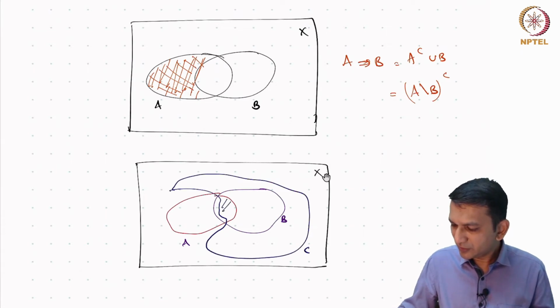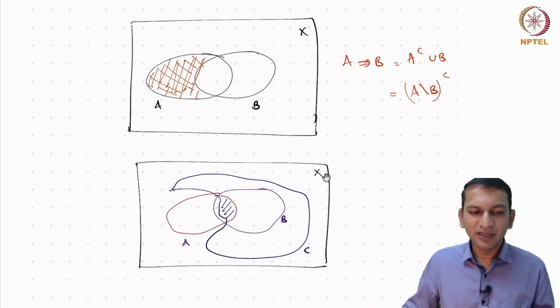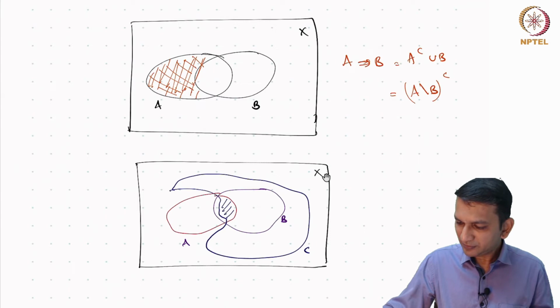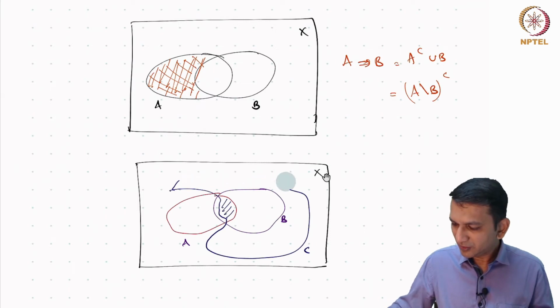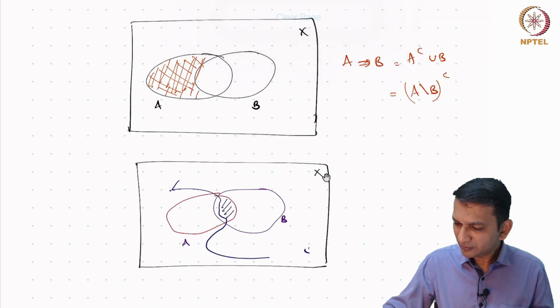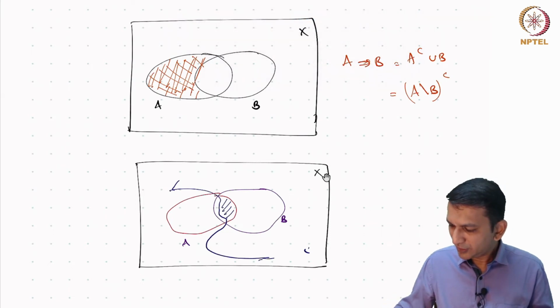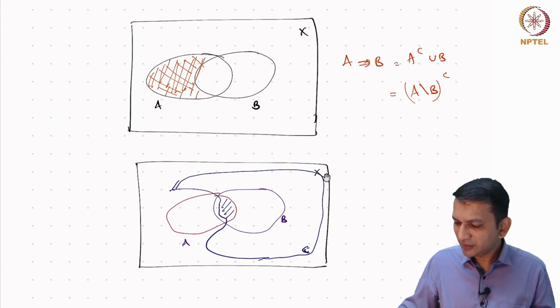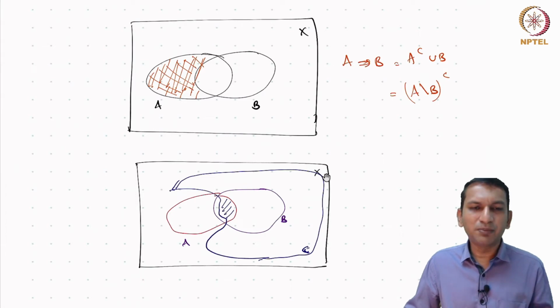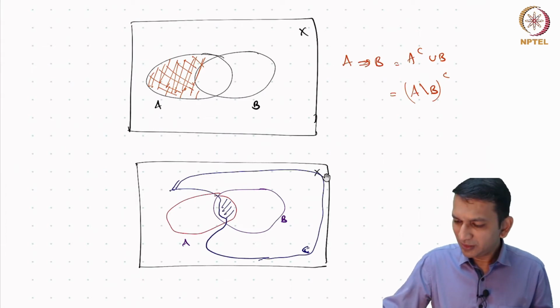The intersection with A is this, which is contained in B. So now we can try to blow this C up a little further. Why not consider it like this? So take this all the way here and then bring it here. So now if you consider this C, the intersection still remains the same. So from here you get an idea what could be the biggest C that we can draw. Clearly, it would look something like this.